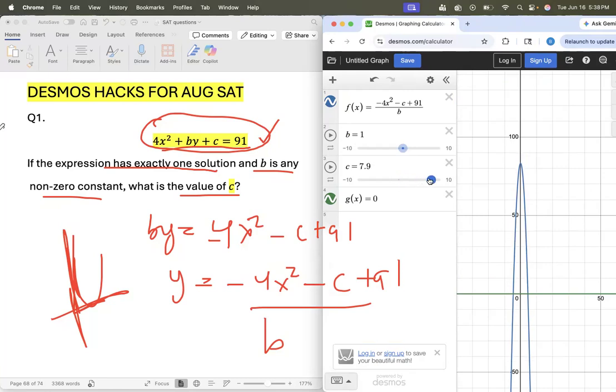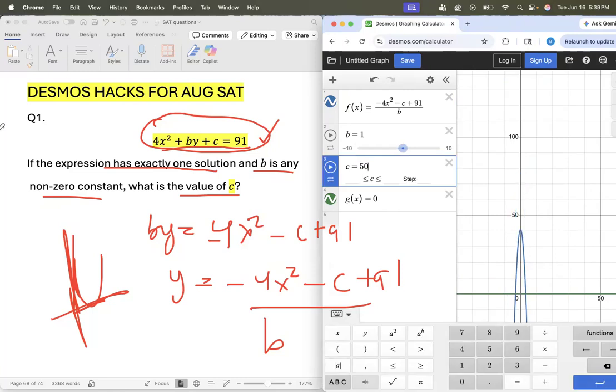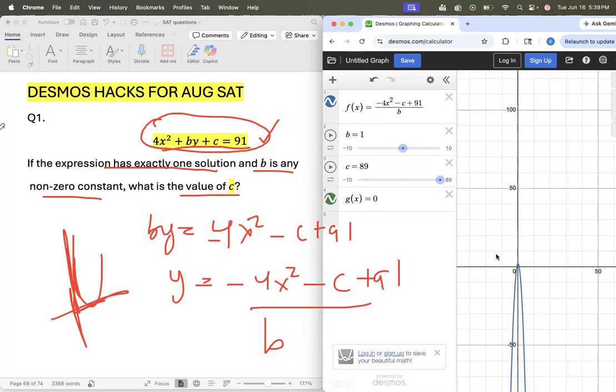What am I going to do? For exactly one solution, c has to pull the graph down to attach to y equals 0, which is the x-axis. So I pull it down. It looks like I need more, so I'm going to make this probably 50. It's coming down still. 86, 87, 88, 89, 90. Still not gone.